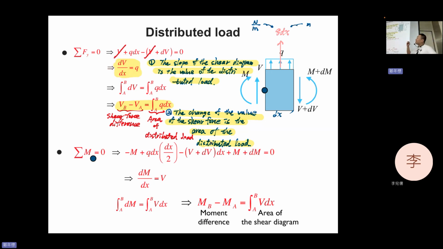You see dV over dx, of course, it will be the shear diagram's slope. The shear diagram slope equals q. So the slope of the shear diagram is the value of the distributed load. Okay, so this is the first tip we conclude. And then if we do the integration for this, you can get the change of the value of the shear force is the area of the distributed load. That's it.